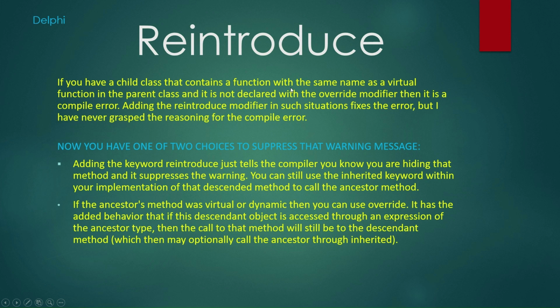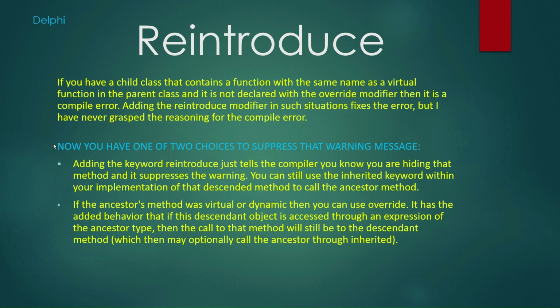If you have a child class that contains a function with the same name as a virtual function in the parent class, and it is not declared with the override modifier, then you get a compiler warning. Adding the reintroduce modifier in such a situation fixes it, though I have never grasped the reasoning for this compiler message.